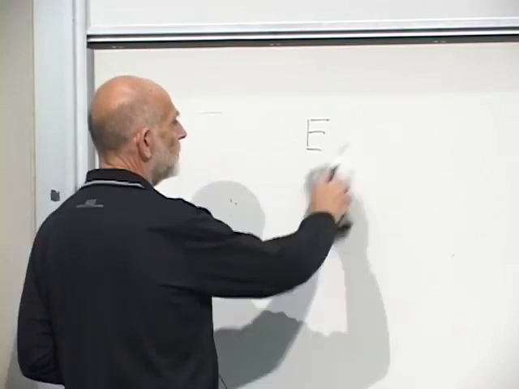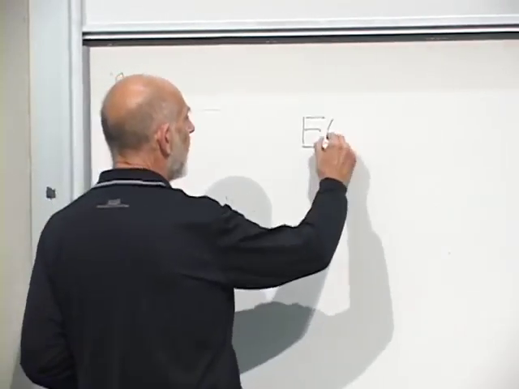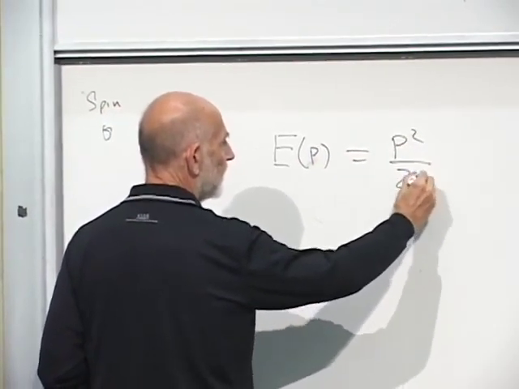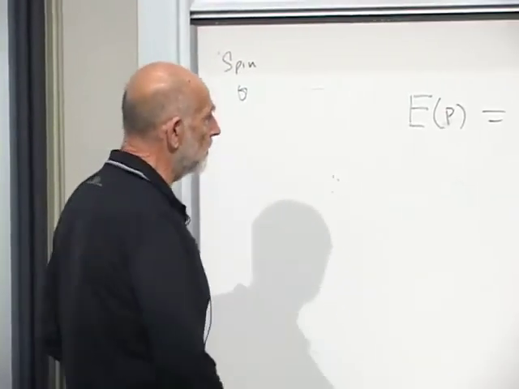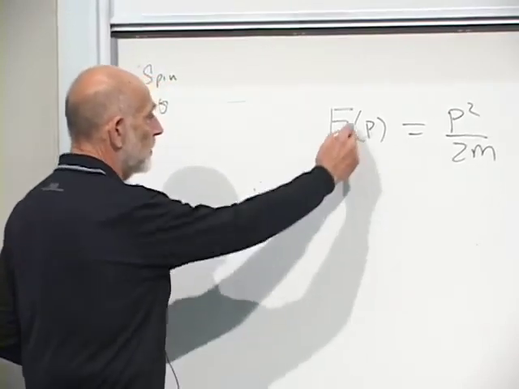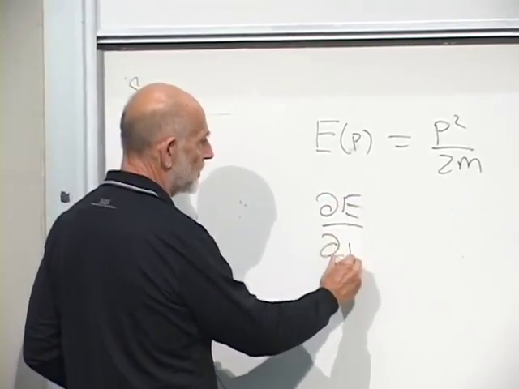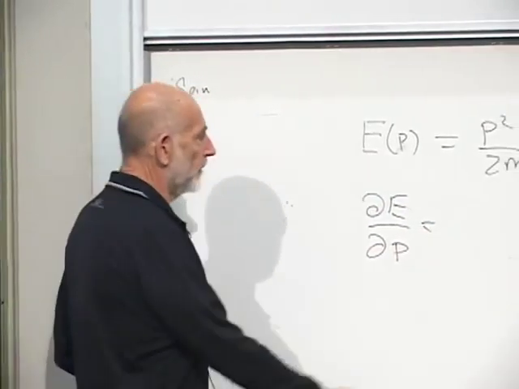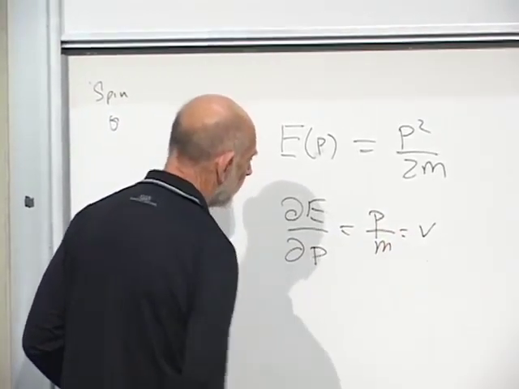So let's write that down for an ordinary non-relativistic particle. E of p is p squared over 2m, right? I'll just point something out to you. We could prove something about this, but the derivative of E with respect to p, what is that? p over m. And p over m is the velocity.